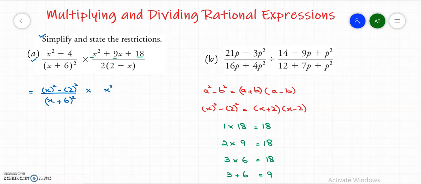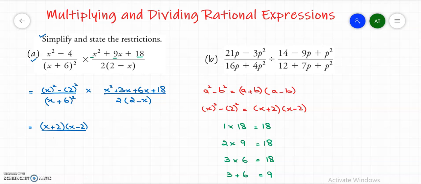So I have x square plus 3x plus 6x plus 18 over, okay, the denominator is already in factored form. Keep the denominator as it is. Okay, in the next step we have x square minus 2 square, that would be equal to x plus 2 into x minus 2, right?